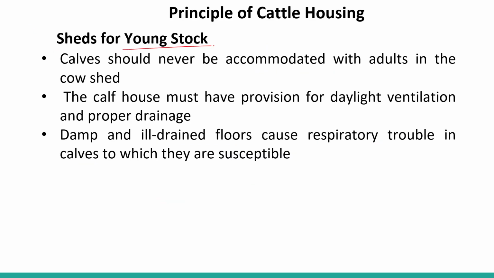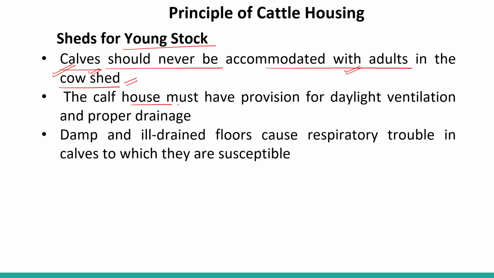Shed for young stock. Calves should never be accommodated with the adults in the cow shed. So we are having a different shed for the young stock, that is the calves. They are not allowed to be accommodated with the adults, otherwise it will be very crowded.